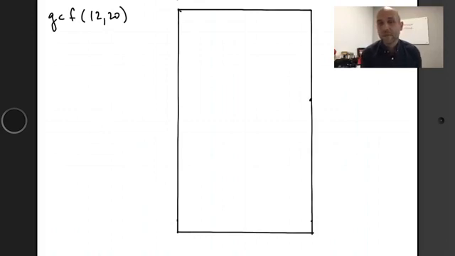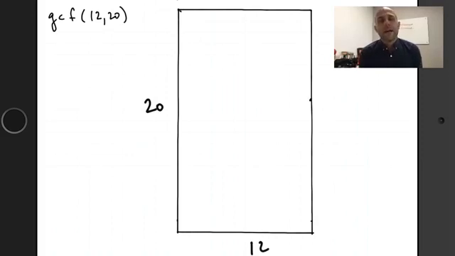Now, I have here on my screen, it's on your screen too, a 20 by 12 rectangle. So I want to find the greatest common factor of 12 and 20, and now you have a lot of different ways that you can do it, and I hope you practice the way you learned today.